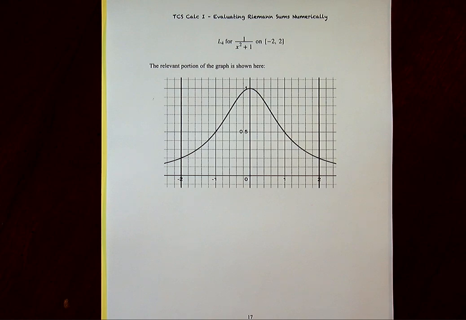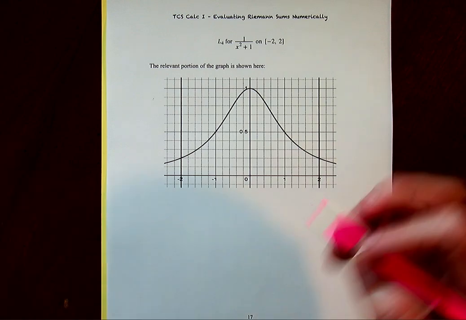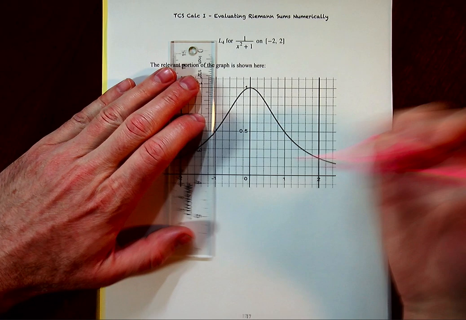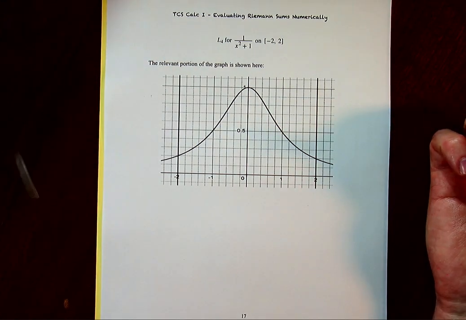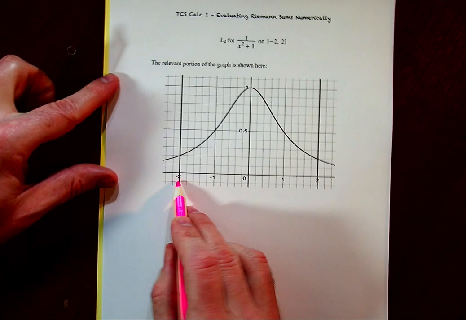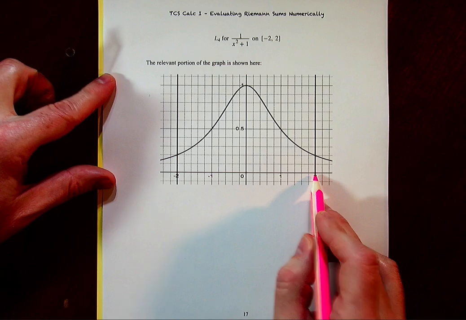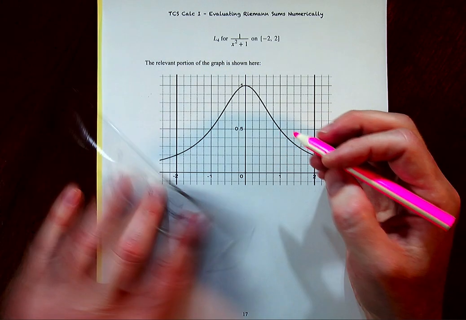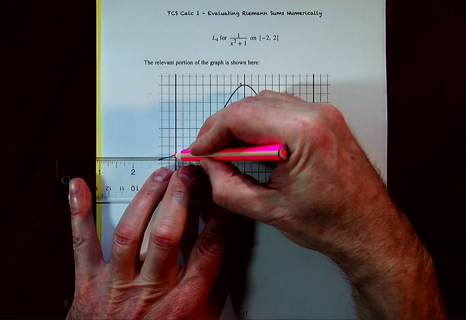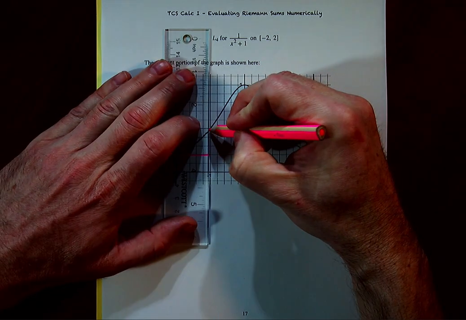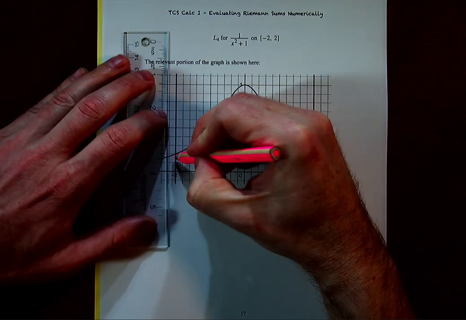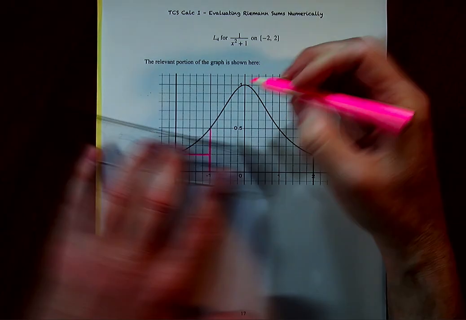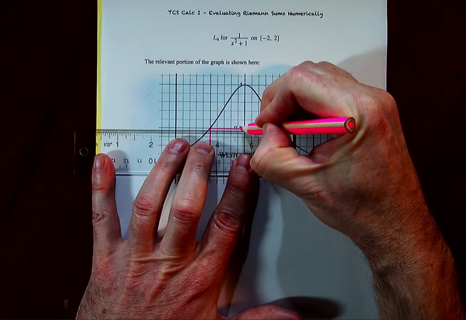Right? And so basically we are going to have, unlike the ones before where we had oftentimes a width of 1/2, this interval is 4 units wide. It needs to be subdivided into 4 subintervals, so each one of the subintervals is going to be exactly 1 unit wide. So we don't have a fraction. We just have the sum of all of the function values that are determining the height of each individual subinterval.